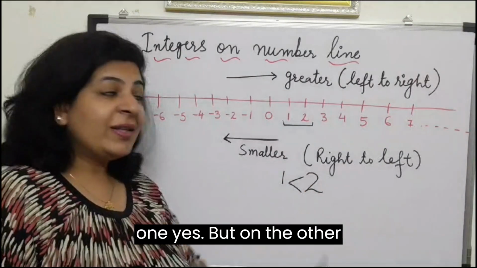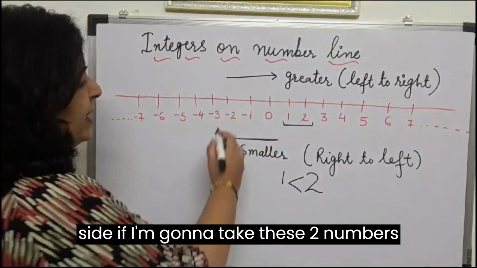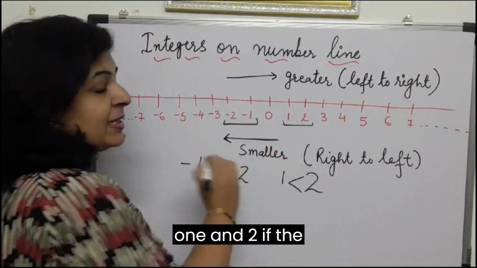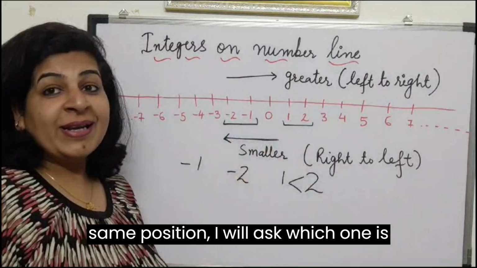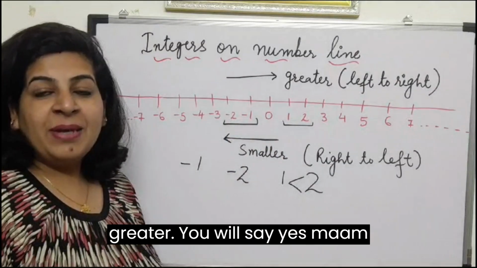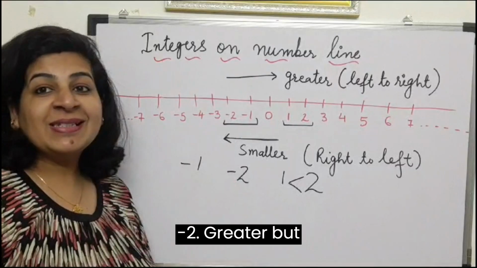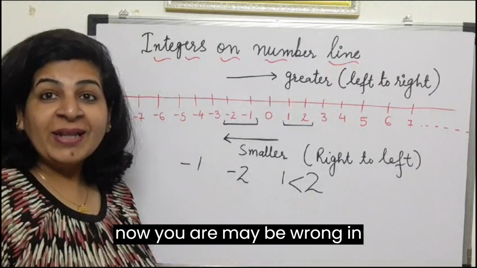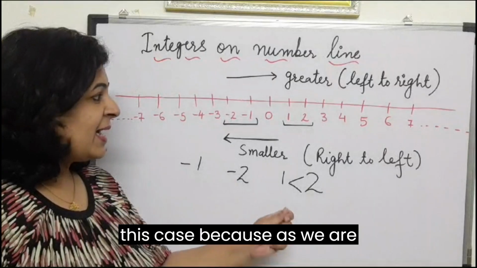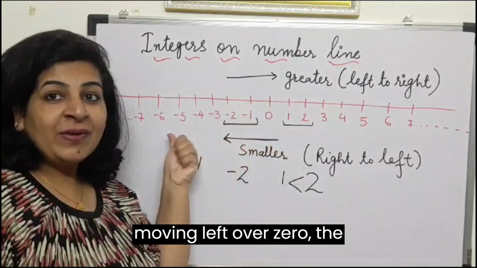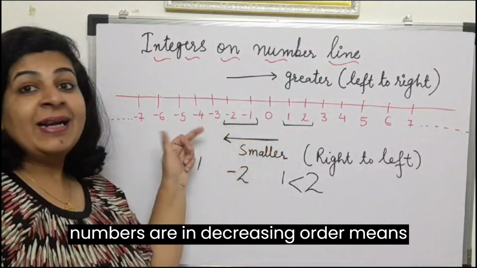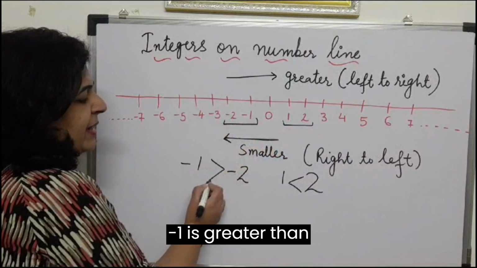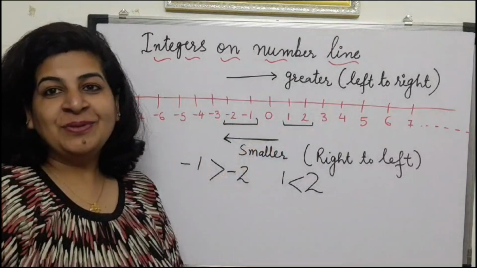But on the other side, if I take these two numbers, minus 1 and minus 2, and ask the same question, you will say, yes ma'am, minus 2 is greater. But now you may be wrong in this case, because as we are moving left away from 0, the numbers are in decreasing order. Means minus 1 is greater than minus 2.